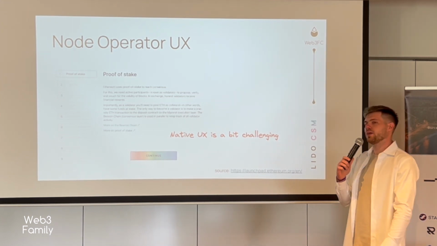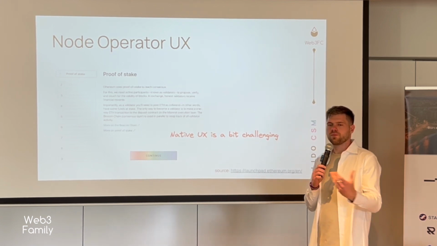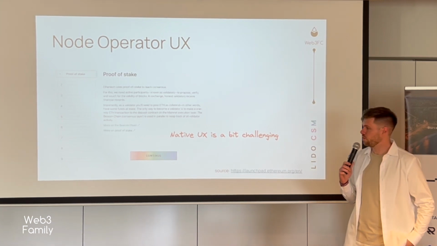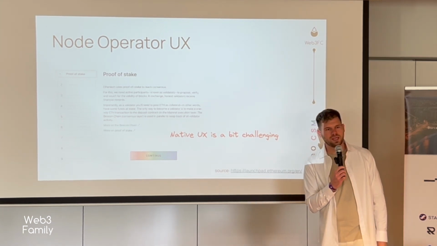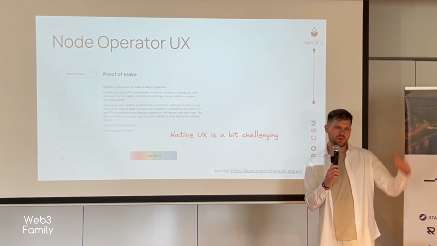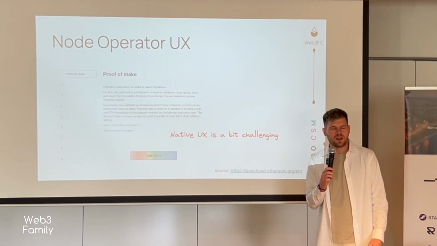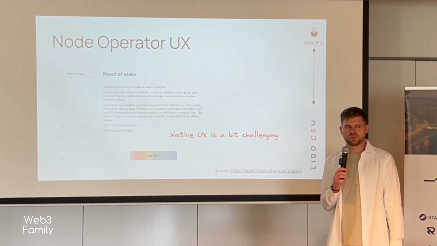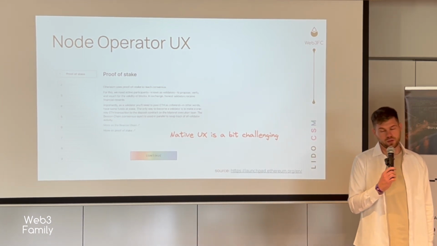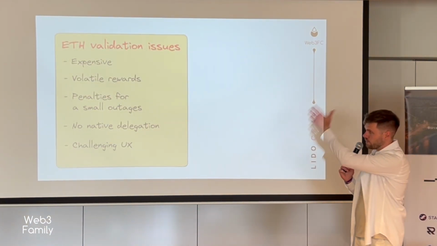And we decided to run a validator on Ethereum. Now, if we are not using third-party software, but going full hardcore on Ethereum, we will face a super complicated UX. So you need to be not an expert, but you need to have at least a degree in computer science to understand all the stuff around validation, to be able to run it. Or you can use third-party software. Yeah, that's true. But if you're going hardcore, the hardcore UX is really bad. So we have these 5 problems.